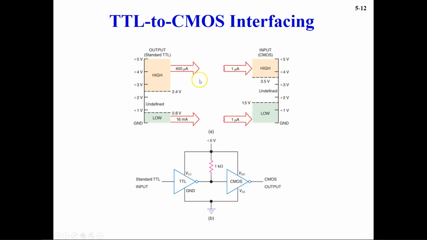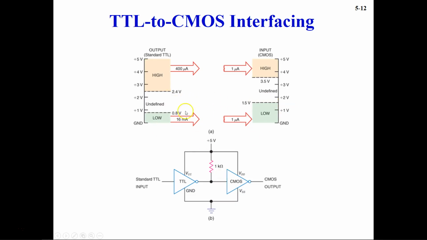If you see the current profile also, for the high level it is 400 microamps and this is 16 milliamps, and for CMOS it's 1 microamp. So if you see the voltage and current profile, you see that the output drive circuits for the TTL are more than adequate to drive the CMOS inputs.